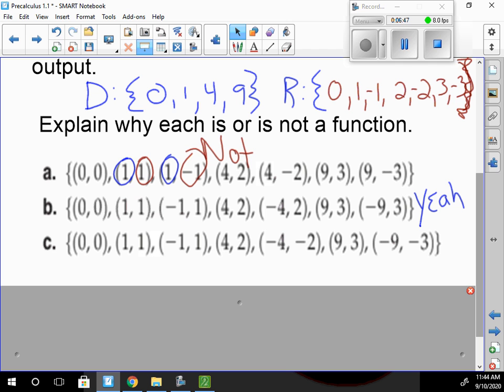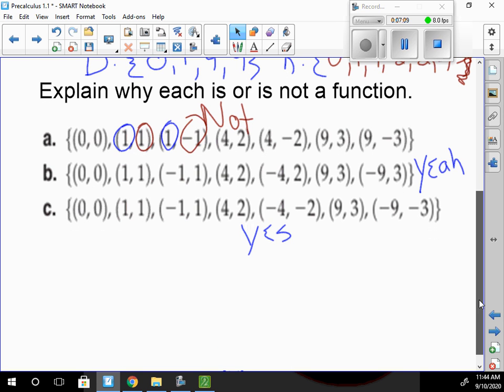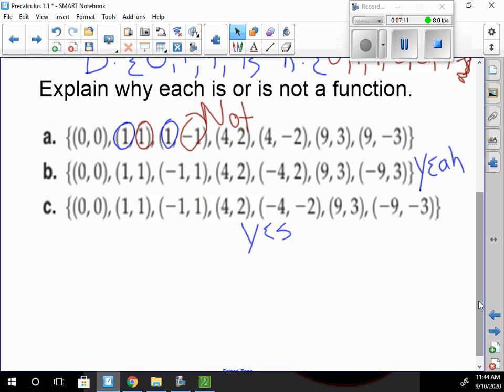Check your x's. 0, 1, negative 1. No repeats so far. 4, negative 4, 9, negative 9. Nothing repeats for our x's, so this would be a function. That's it for this one.